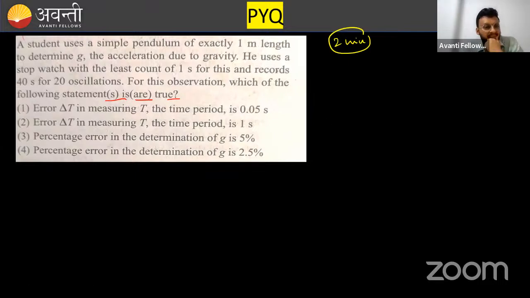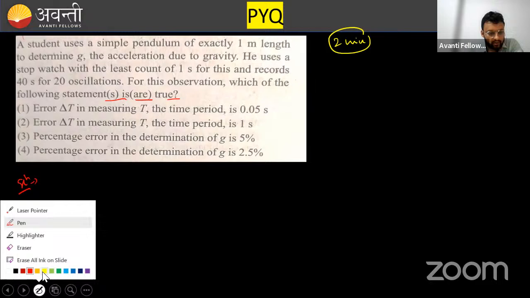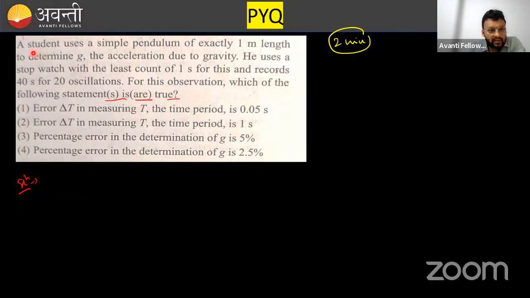Okay. Let's read the question. The question is saying a student uses a simple pendulum of exactly 1 meter. What is the meaning of exactly 1 meter? That means this length is completely accurate. There is no error in the measurement of this length, 1 meter, to determine g, the acceleration due to gravity.